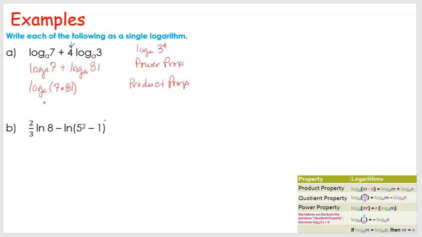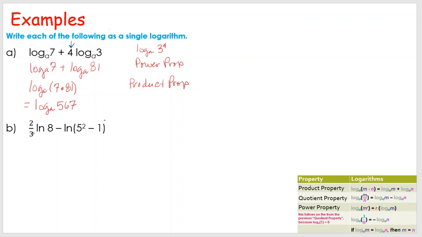Now I can go ahead and do that multiplication. So my final answer is 7 times 81 is 567. Now I can't work it any further than that because I don't know what the base is. It's A right now. If I knew what it was, I could go ahead and do my change of base formula and put it in my calculator.